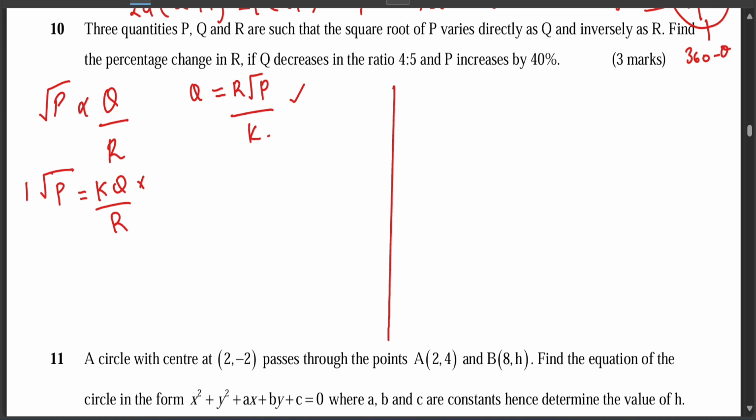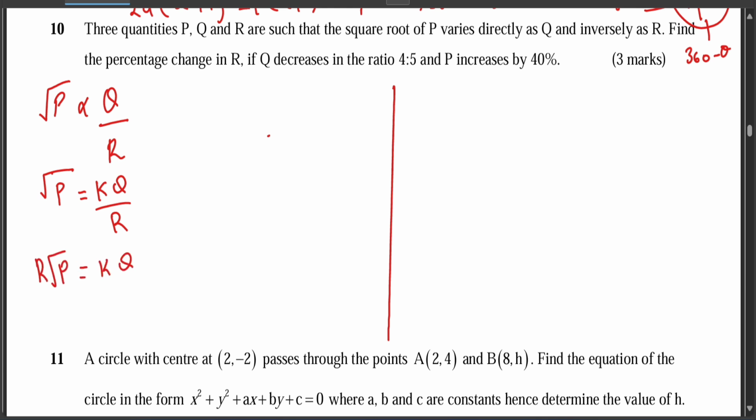Instead of making Q the subject, let's make R the subject. So R goes there, so it will be R root P equal to KQ. Then now you divide by root P. So R is equal to KQ over root P. Okay, it's easy.